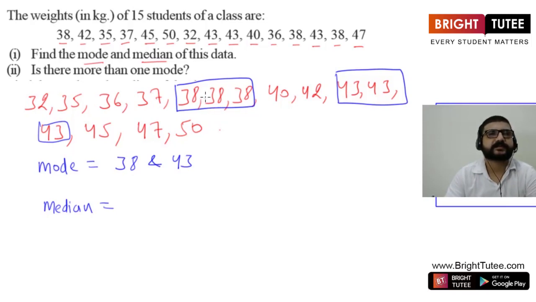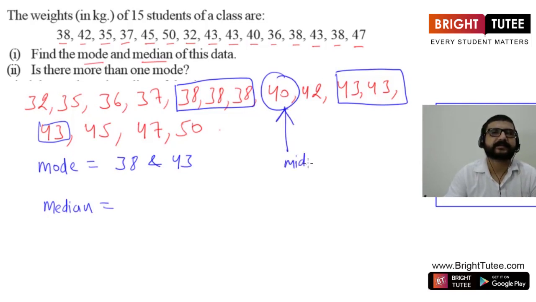Since there are 15 students, the 8th term will be the middle term, and the 8th term will be 40 here. So therefore simply we can say median is 40.